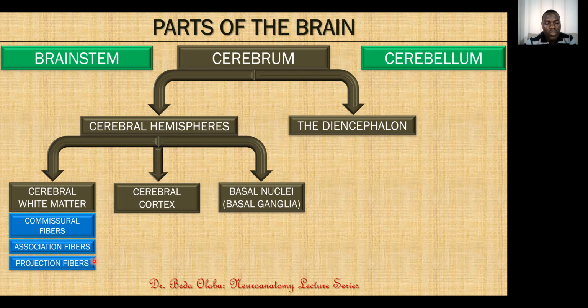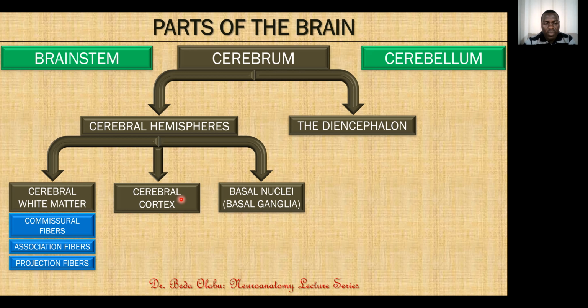Then we clarified on projection fibers, being the fibers that connect the cerebral cortex to regions which are outside the cerebral cortex, connect the cerebral cortex to subcortical regions. That is with regard to the cerebral white matter.